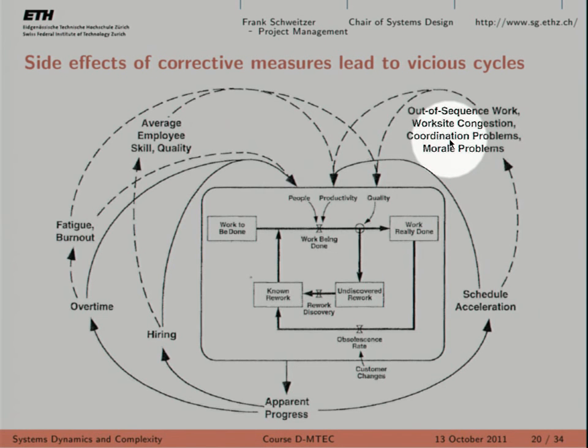If things now need to be done in parallel, then they have to be coordinated, all this kind of stuff. And it also causes morale problems. Like, obviously, people get demotivated. So you see, these are just examples of a positive feedback loop which accompanies each negative feedback loop. And in the system dynamics model that these guys developed, they had these things incorporated.